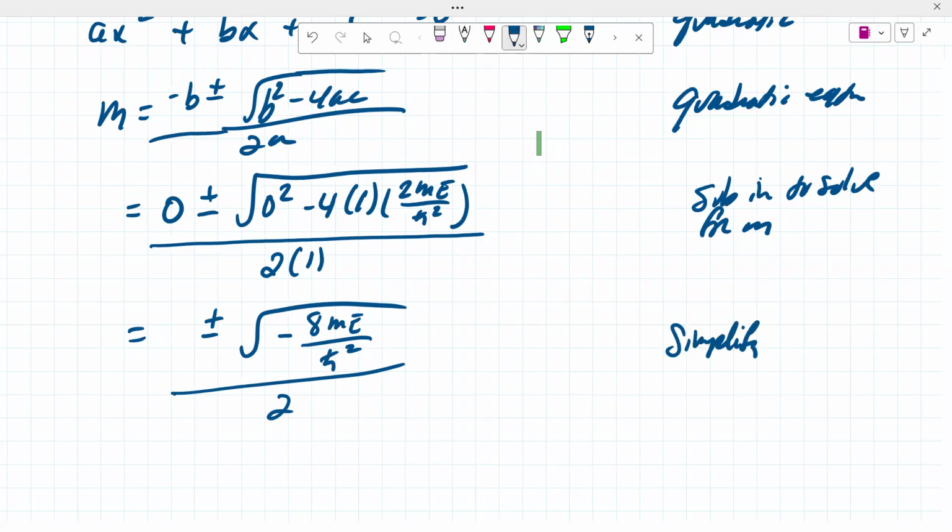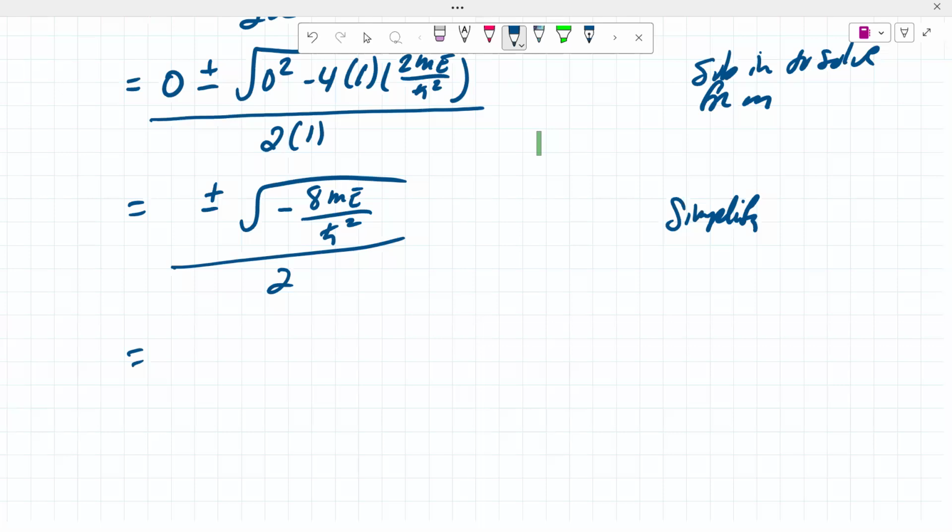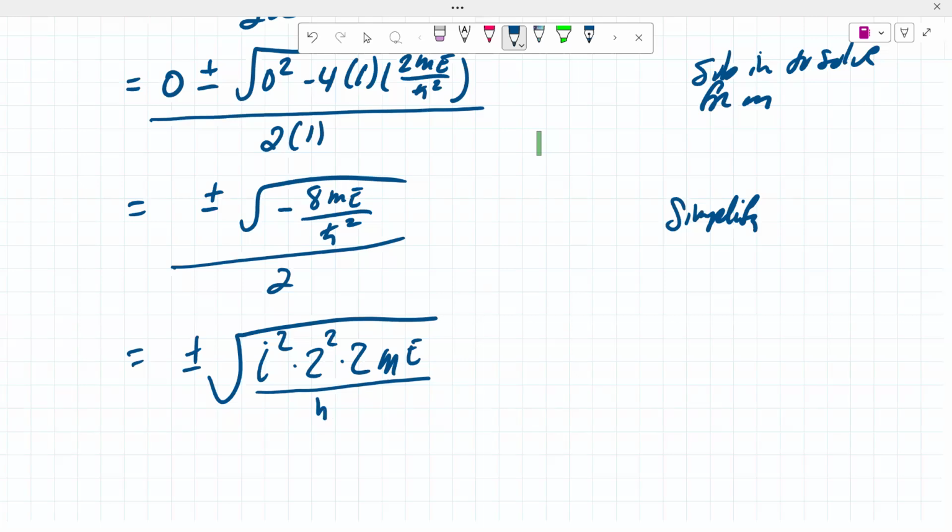All right, and so now we can take the square root of this stuff. So this is going to be equivalent to, now we're looking to pull out things that are squares. So the minus sign, the square of that is going to be i squared. So let's write this like this. i squared is equal to -1, times 2 squared times 2me over h bar squared.